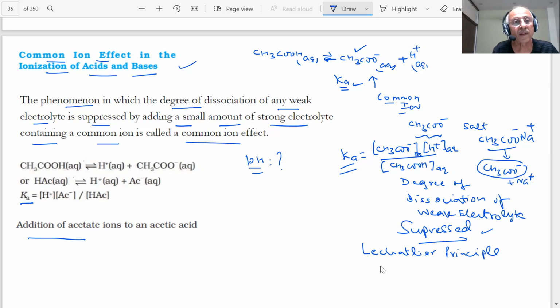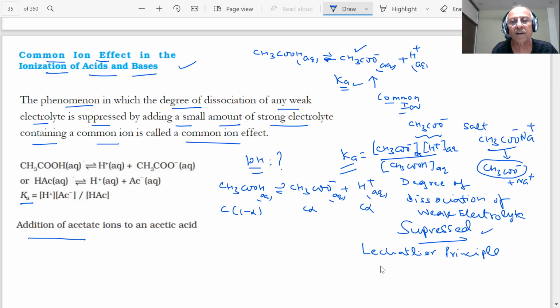What has happened? You have CH3COOH, CH3COO minus, and H plus. At equilibrium, you have concentrations C(1 minus alpha), C alpha and C alpha. But now you are adding from outside.